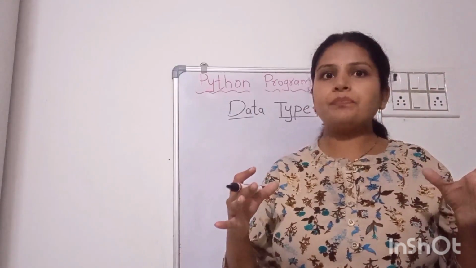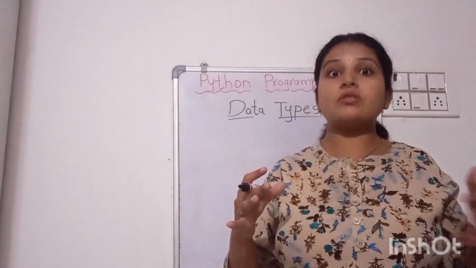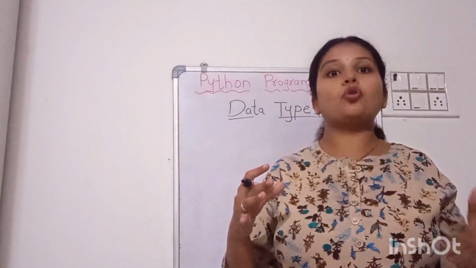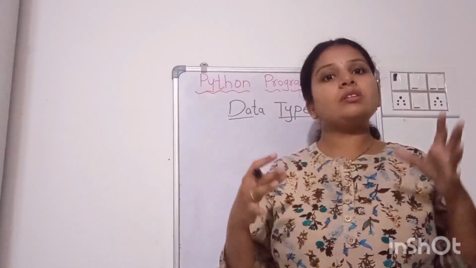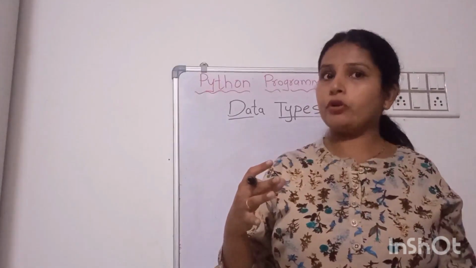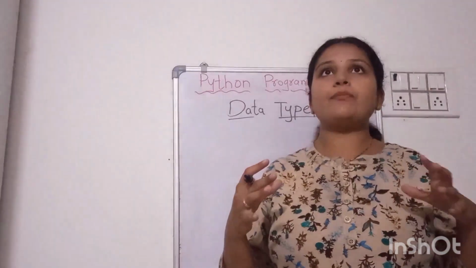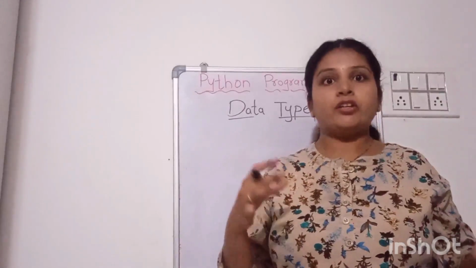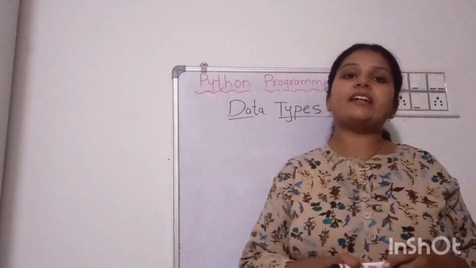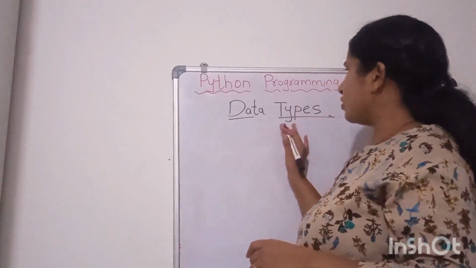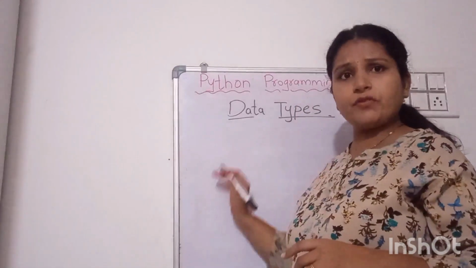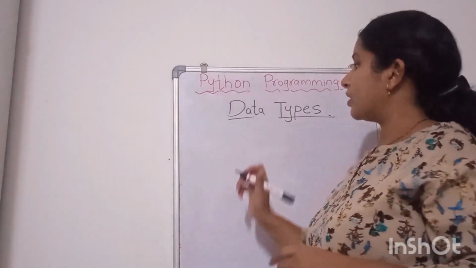A name is not a number; those are alphabets, characters. So depending on which type of input or data you are using, you need to clarify the data type accordingly in Python. There are several kinds of data types we are going to learn one by one.